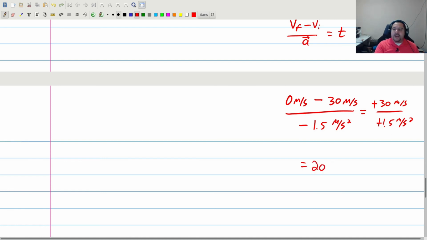What are my units? Meters cancel with meters, seconds cancel, and I'm left with seconds. So it's going to take this semi-truck 20 seconds to come to a full stop.